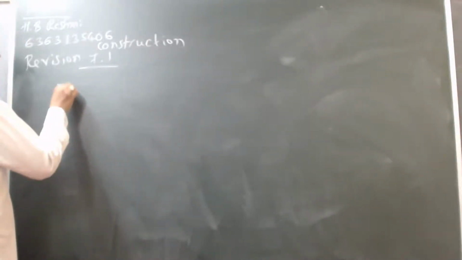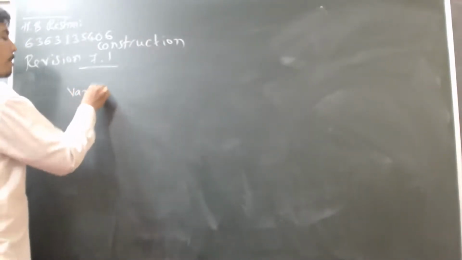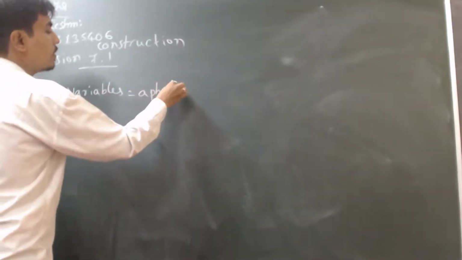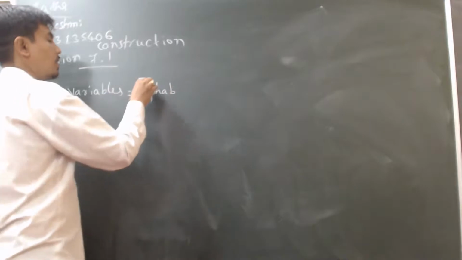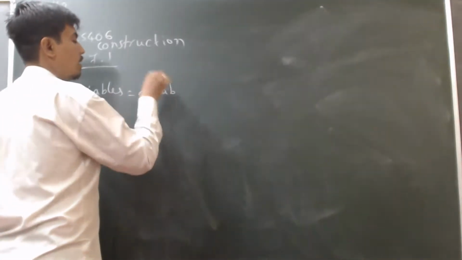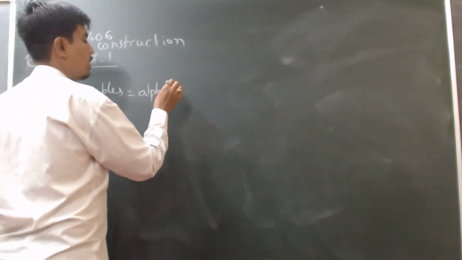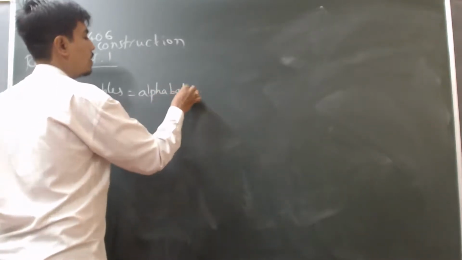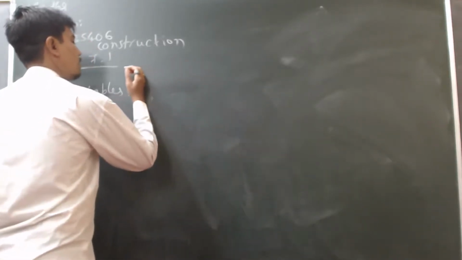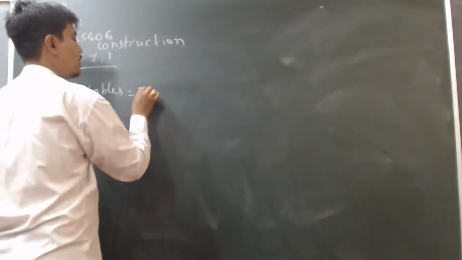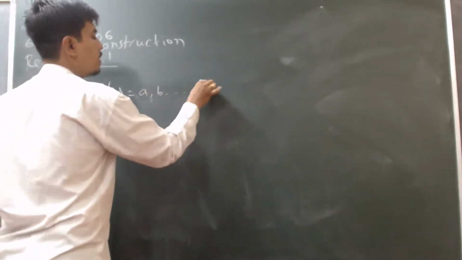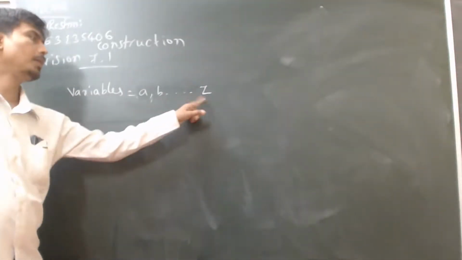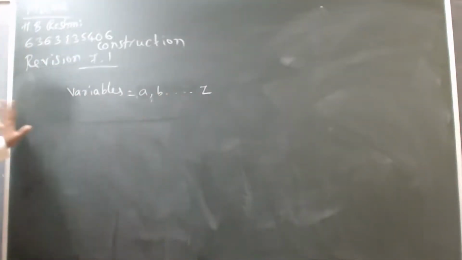If I write variables, they are nothing but alphabets, small alphabets like A, B, C, D, T, F, Z. In variables, we have A to Z. They are called variables.